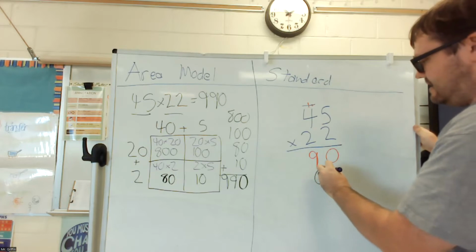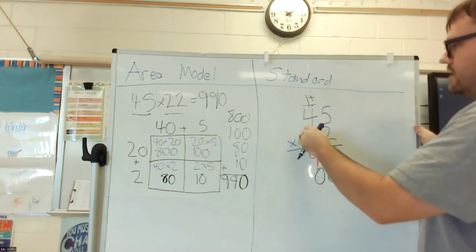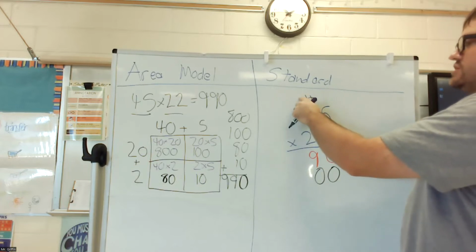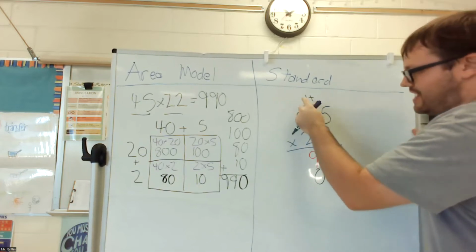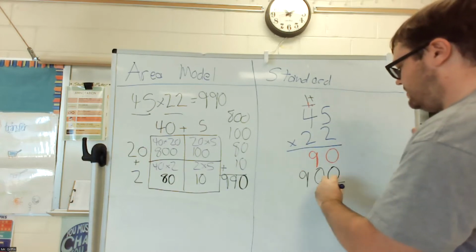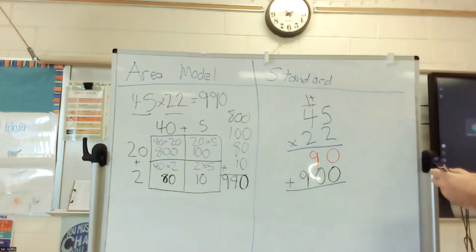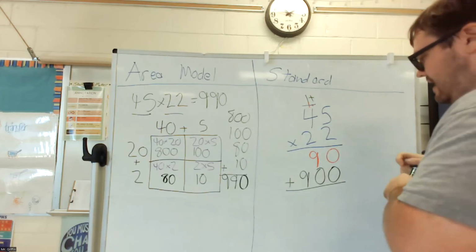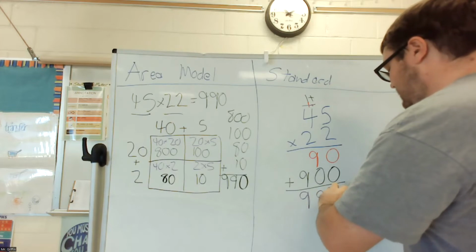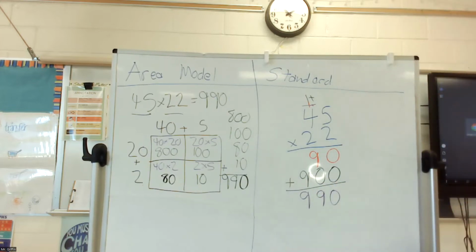I know that's 10. Carry the 1. 4 times 2 is 8 plus 1. Notice I multiply, then add. 4 times 2 is 8 plus 1, and that gives me 900. I'm just going to add those 2 numbers up quickly. And oh goodness, I got the same exact thing as I got for my area model.